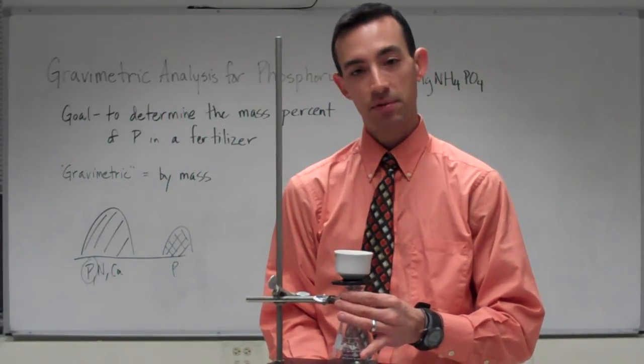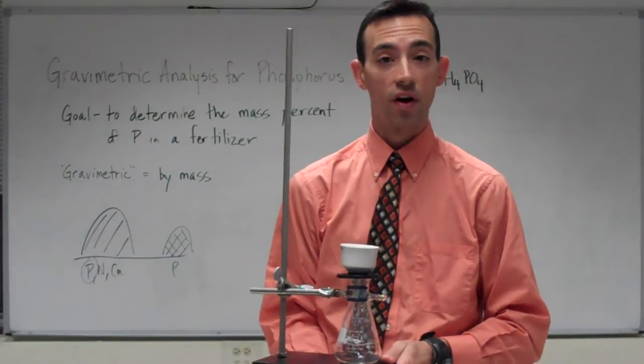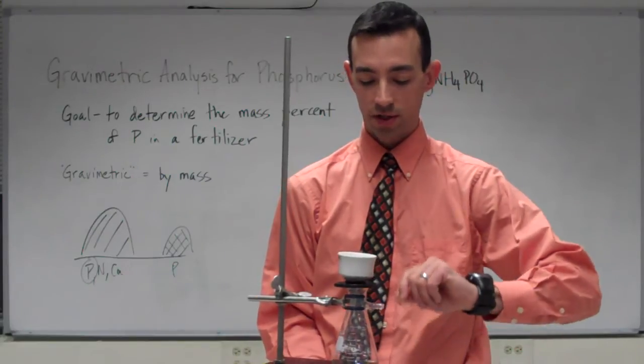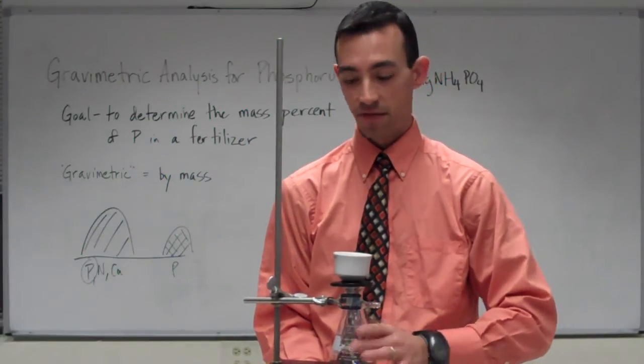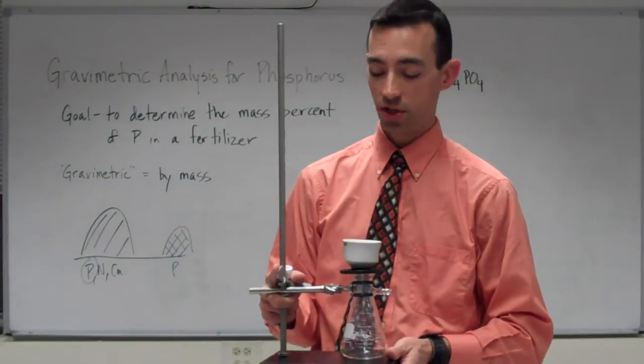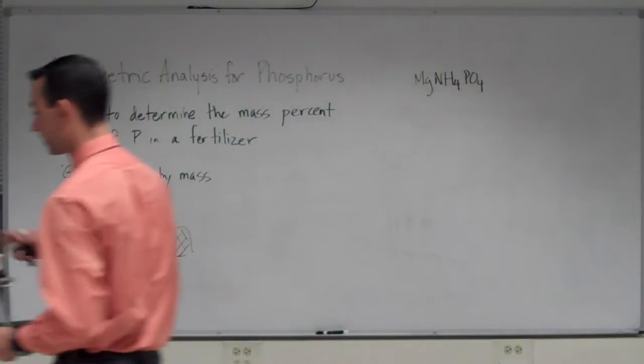Notice that I've clamped this in very tightly so that it doesn't fall over. The rubber hose that you would connect to the side arm will want to torque or twist the flask, so be sure that you're using the proper precautions to keep the apparatus nice and secure.